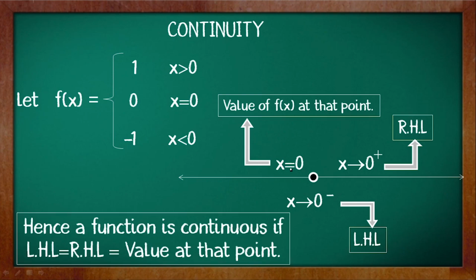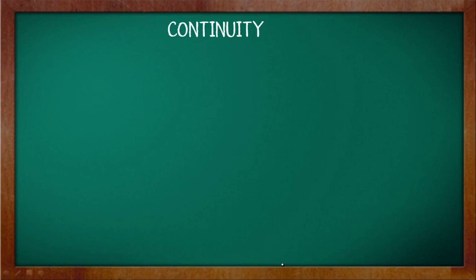So hence a function is continuous if the left hand limit, the right hand limit, and the value at that point are equal. So now we can conclude this discussion with a definition of continuity.